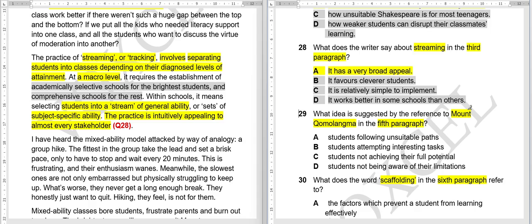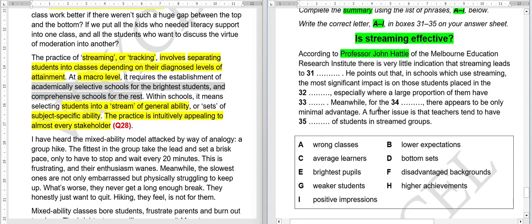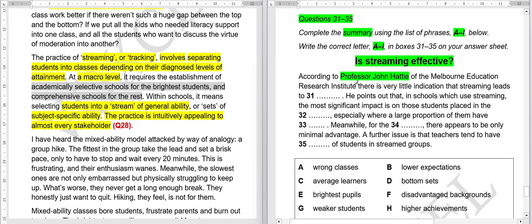So the logical answer that we can deduce from this particular paragraph is option A. I hope it is clear. Now let's see, there is a mention of streaming. Is there any mention of Professor John Hattie? No, there is no mention of this person's name, so we do not have to worry about that.